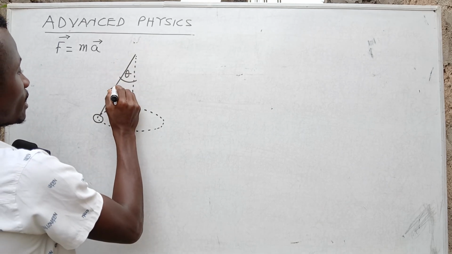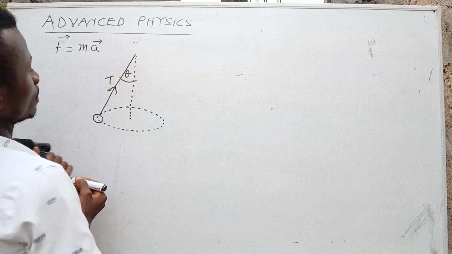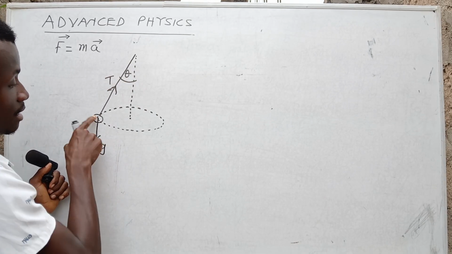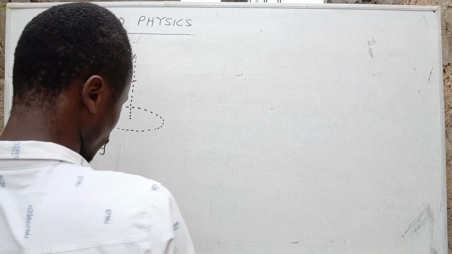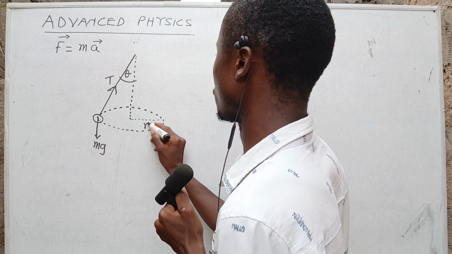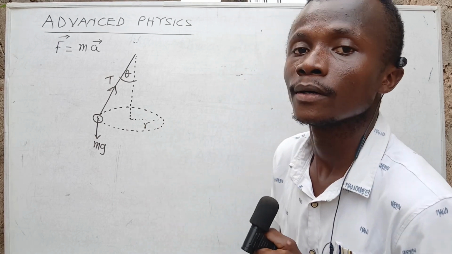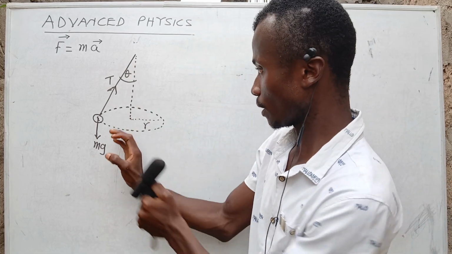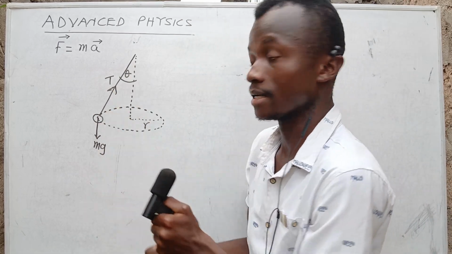The string has a tension T, and of course there is gravitational pull mg, given that the mass of the bob is m. Now the radius of the circle is r, and we are good to go because the net force on the object is mg and T.